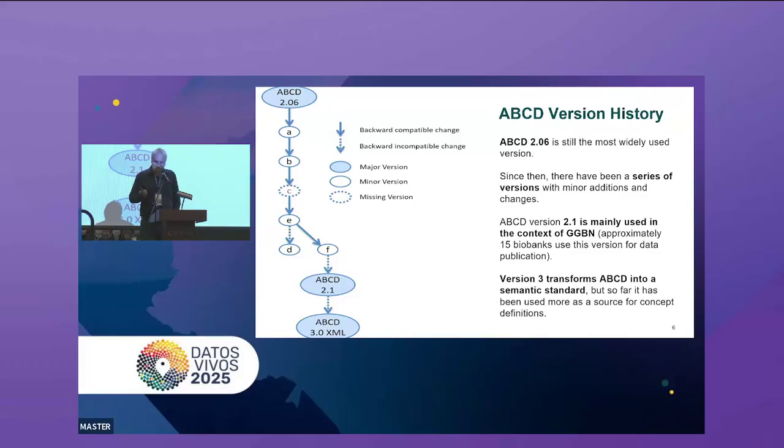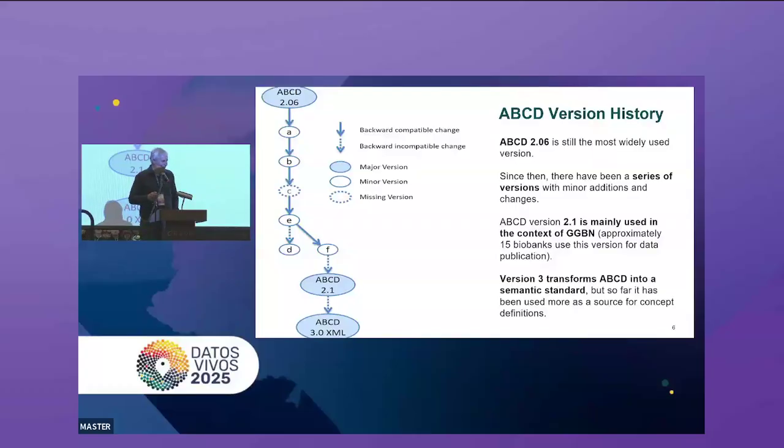The version history is a mess. We have some major versions, and between those major versions, strange things happened. If you look at version 2.06c, that's the famous missing version. I don't know why it's missing and where it is, but it's the missing version. Five minutes, I know.